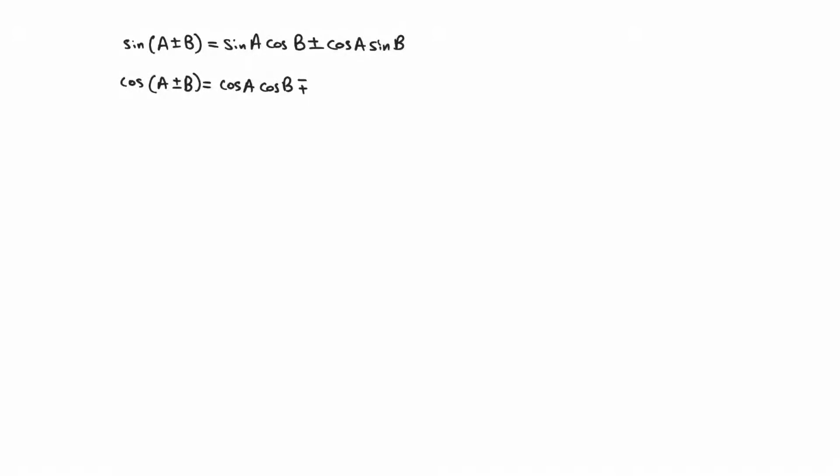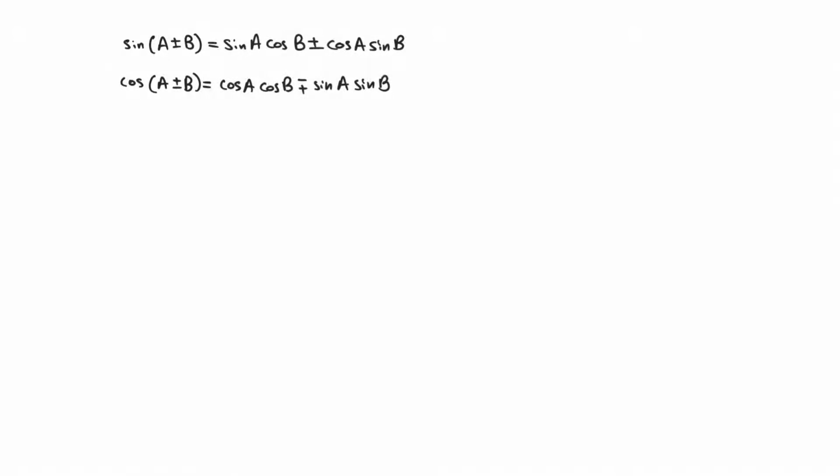To summarize our equations over here, sine of a plus or minus b is going to equal sine a cosine of b plus or minus cosine of a sine of b, and cosine of a plus or minus b is going to equal cosine of a cosine of b minus or plus sine of a sine of b.